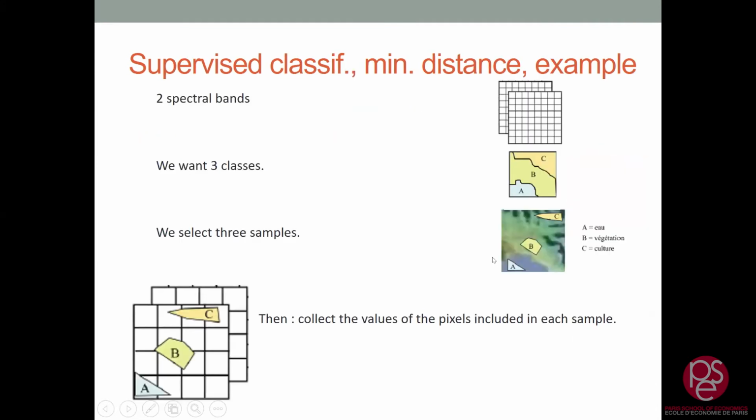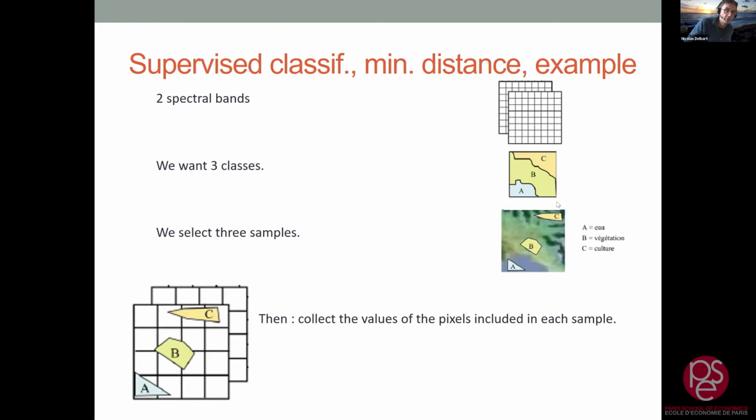So basically, I will show this simple algorithm in a very simple way, in a simple case, where I've got a remote sensing image made of only 2 spectral bands. I want 3 classes. We want 3 classes, so we make 3 samples.